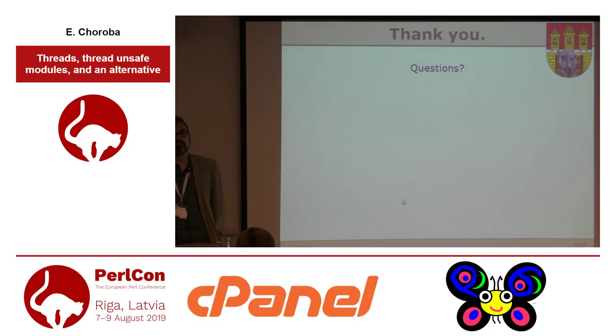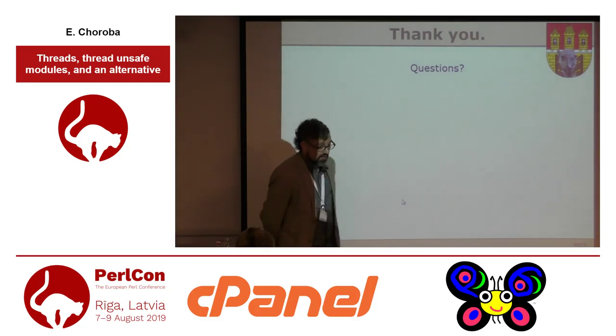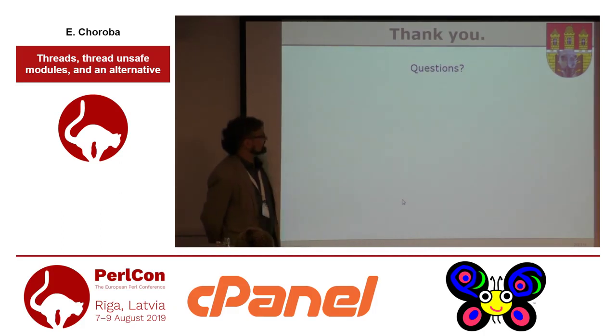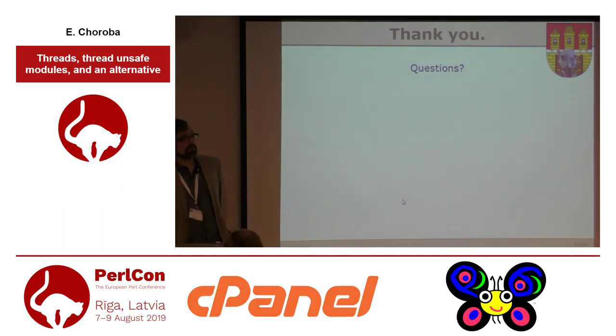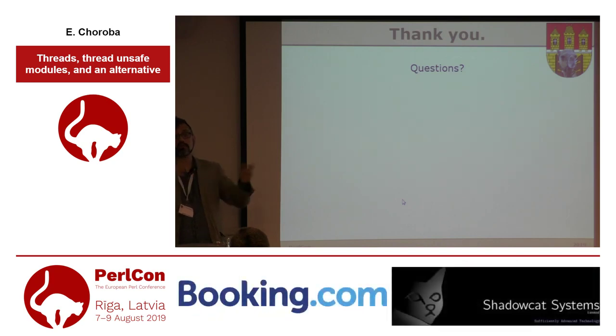Any questions? Yes? Nice question. Yeah, I'll repeat it. What's the difference in performance between threads and forks? I don't know. It probably depends on how much data you need to shift between the processes or threads.